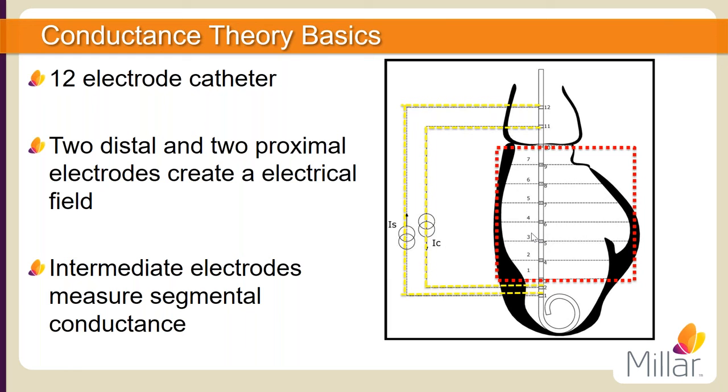The innermost electrodes measure the voltage potential between electrode pairs. The electric field passes through the blood in the ventricle and into the muscle wall. The sensing electrodes will not only capture the voltage potential of the blood, but will also capture that in the muscle wall. We call this the parallel conductance. We will discuss how to correct parallel conductance through the use of hypertonic saline later in the presentation.